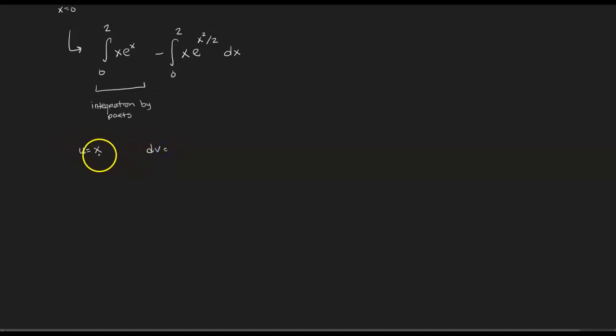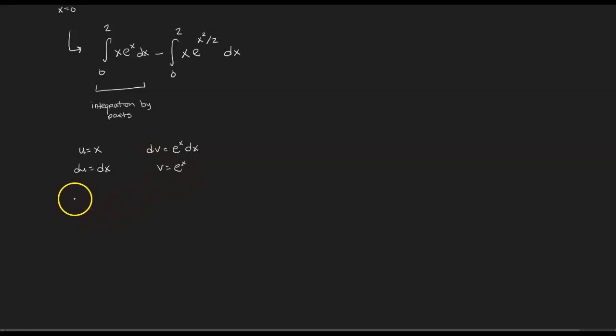We almost always use the polynomial term as the u, and dv would be the exponential e to the x dx. Oops, and that reminds me I lost my dx up there. Then we take the derivative of our u term, which would give us 1 times dx, and then we integrate our dv term, which would give us v equals e to the x.